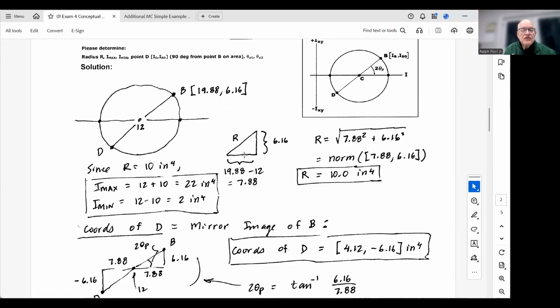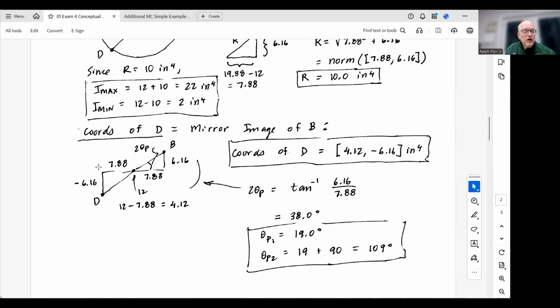Once you have those two, you can take the square root of the sum of the squares, and you get the radius is 10. Then you can add the radius to the center to get I max, which is 22. You can subtract the radius from the center and get I min, which is 2.